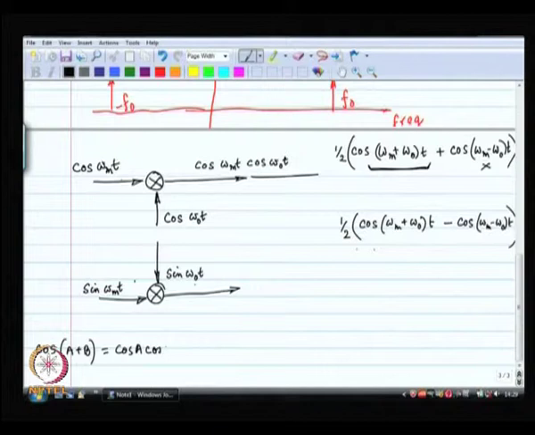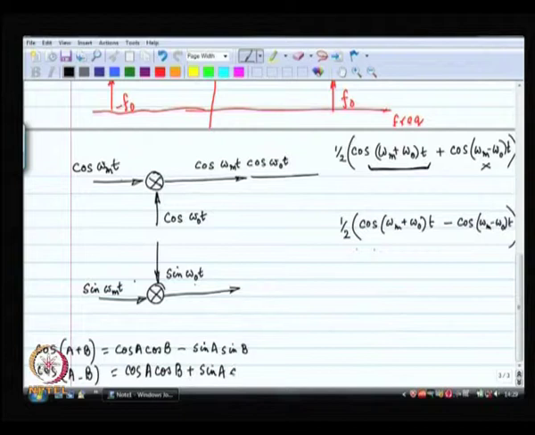This is ridiculous. I am teaching trigonometry in an RF electronics class, but what can be done? So, if you just remember these two things, then you do not need to remember hundreds of different formulae. These two are sufficient. You are interested in this particular term sin A times sin B.